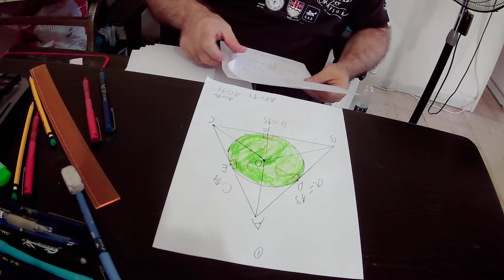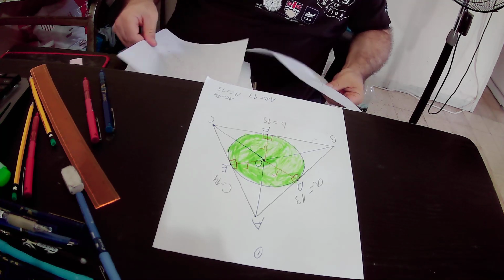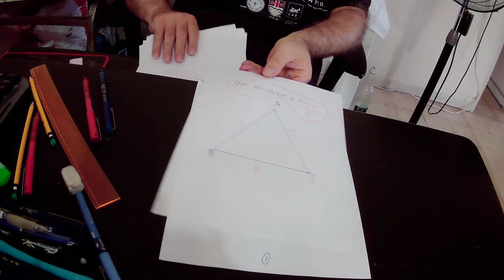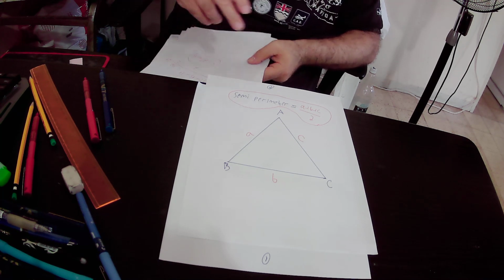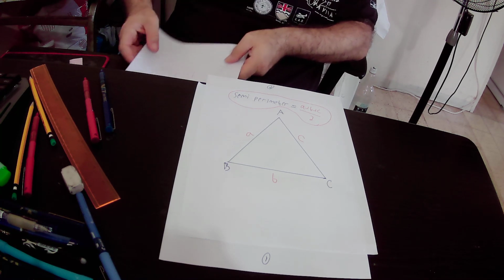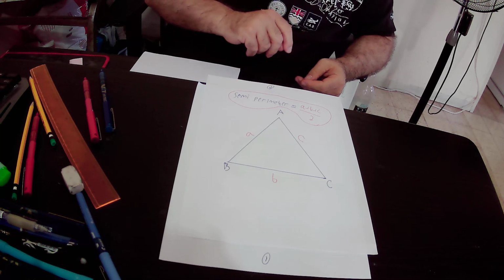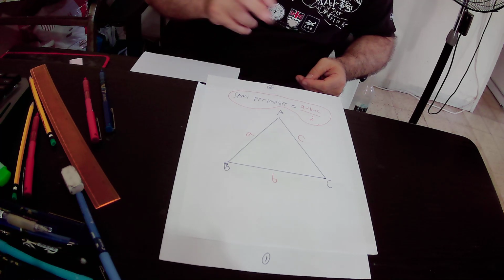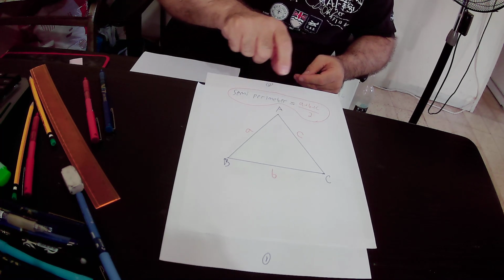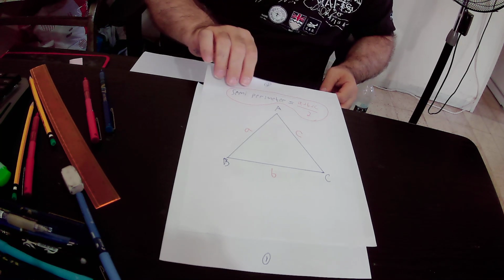Again, the semi-perimeter of any triangle equals the perimeter of the triangle, that is A plus B plus C over 2. The semi-perimeter, we defined it as S, that is the abbreviation for semi-perimeter. So S equals A plus B plus C over 2.